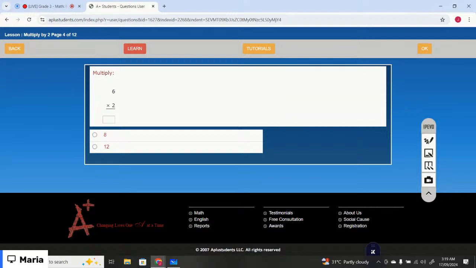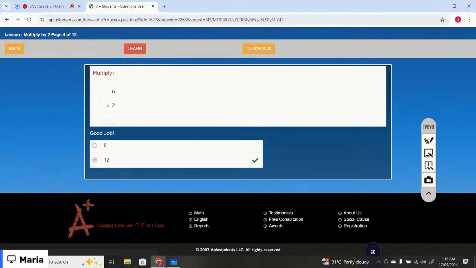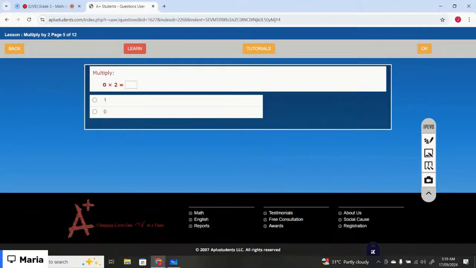Very good. 2 times 6 is 12. The correct option is option number 2, 12 it is. 0 times 2. So, which is the correct option?